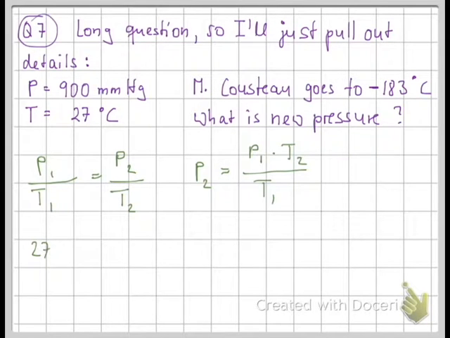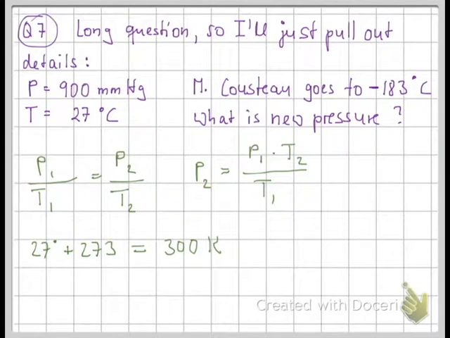27 degrees Celsius plus 273 degrees makes Kelvin. That would be 300. 273 plus 27 equals, yes, 300. Didn't trust my math in my head too much today. That's Kelvin. Kelvin, by the way, does not have a degree symbol.